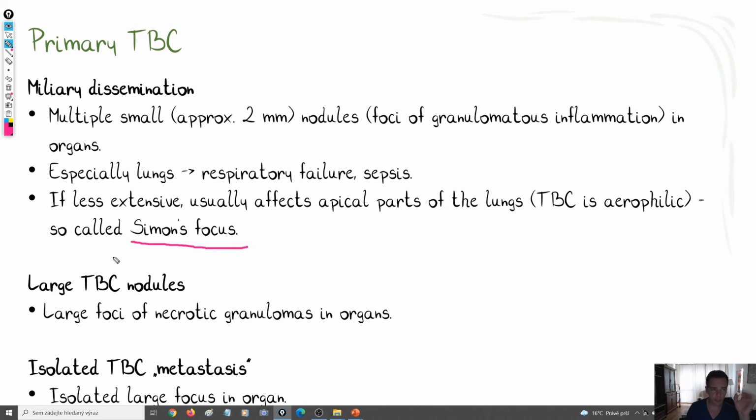So this was the miliary dissemination, which is very dangerous. Large TBC nodules means that in the distant organ you have one or several large foci of granulomas with a central necrosis. And the isolated TBC metastasis means that you've got one huge focus of TBC in some distant organ.